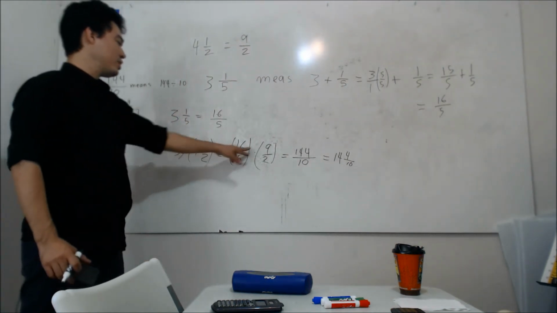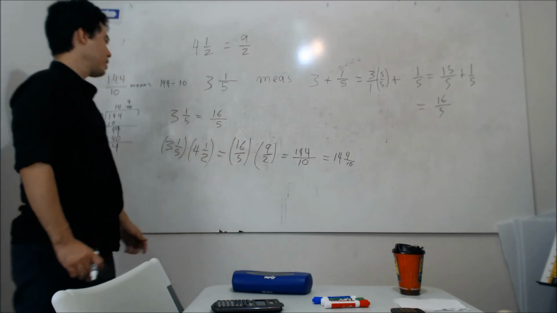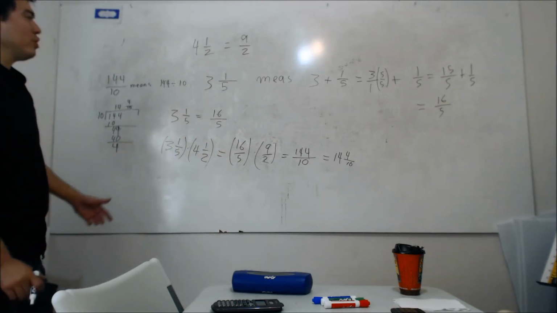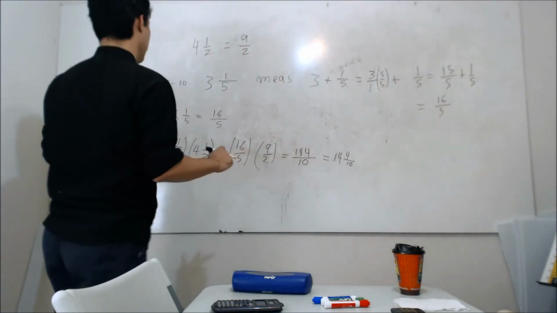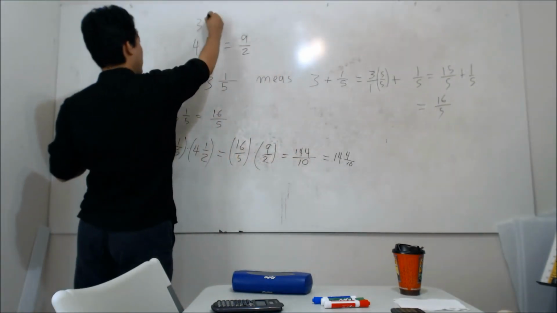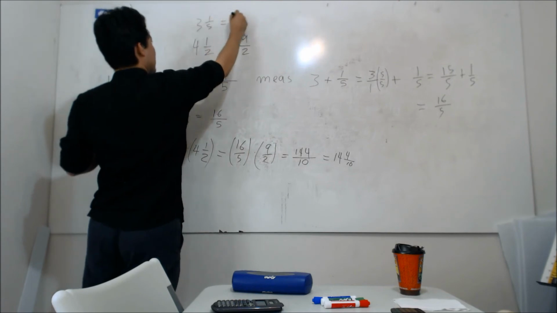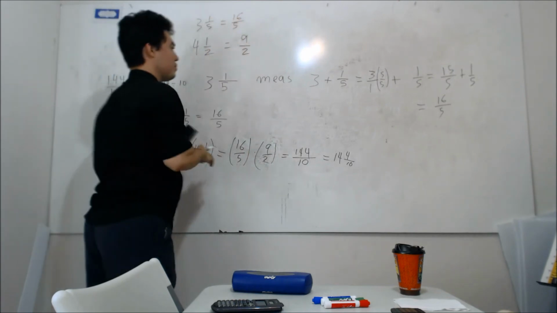If we divided it, we would just multiply by the reciprocal. If we add it, we're just going to use the same technique. Let's add these two together. So let me put this up here. 3 1/5 equals 16/5, right?